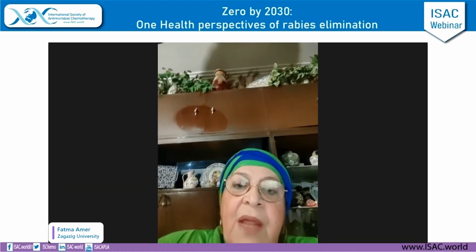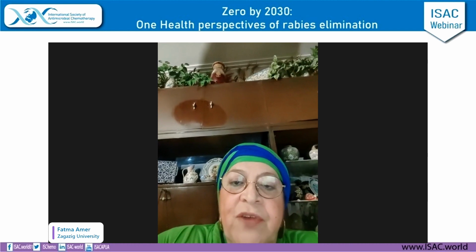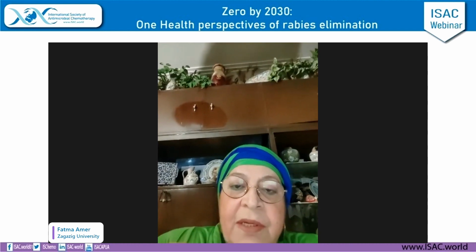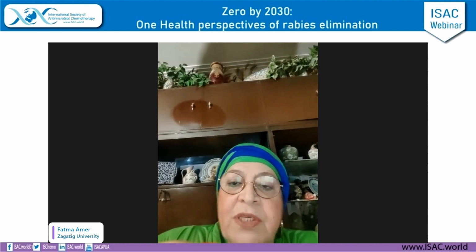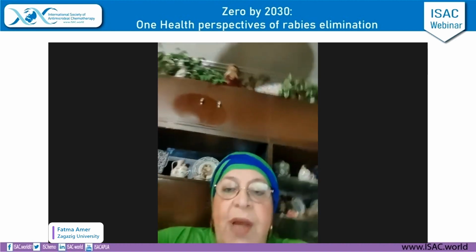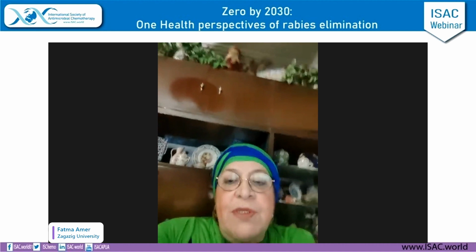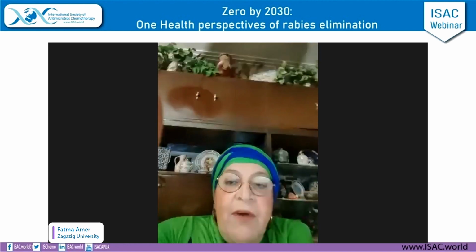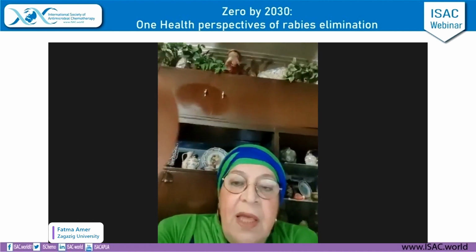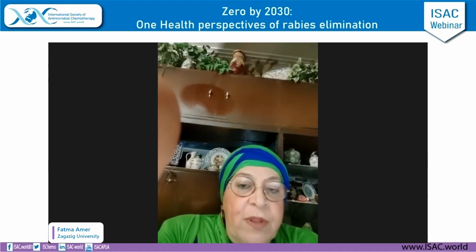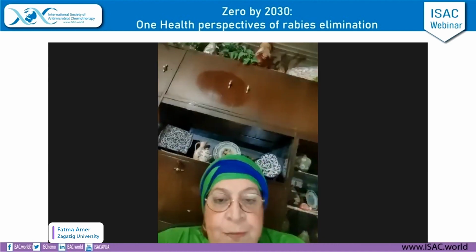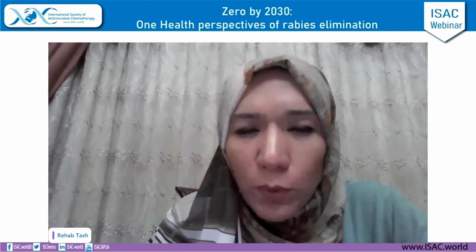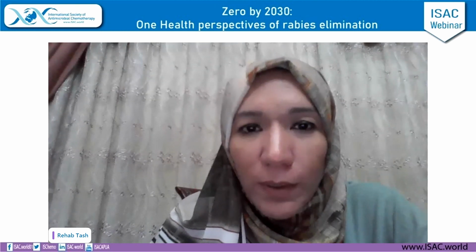Okay, there is a question from Aisha Shitio Said. She wants to ask if rabies is curable, and if so, which antiviral agents are recommended for the treatment purpose. There is no approved antiviral specific for rabies.